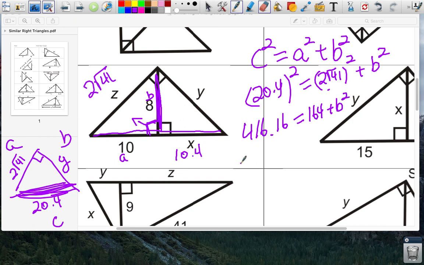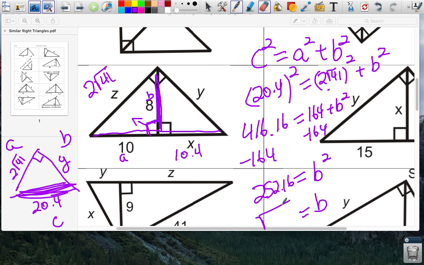We subtract 164 here and here. B squared stays on that side, and 416.16 minus 164 gives us 252.16. We take the square root of that, and the square root of 252.16 equals 15.88. I'm just going to give you a decimal value.